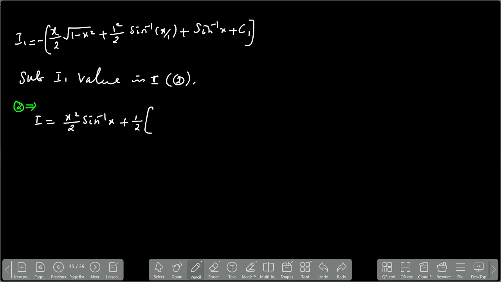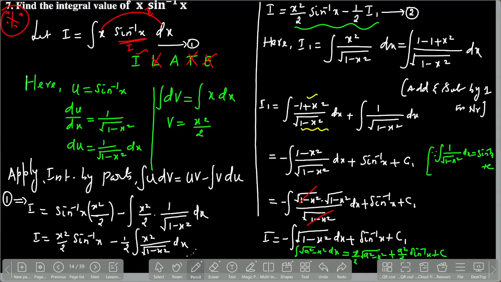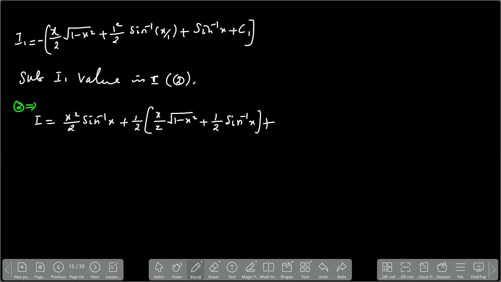Plus x by 2 into square root of 1 minus x square plus 1 by 2 into sine inverse of x, plus the already existing sine inverse, plus c1.